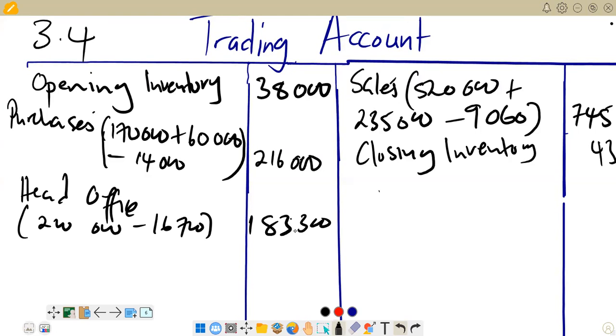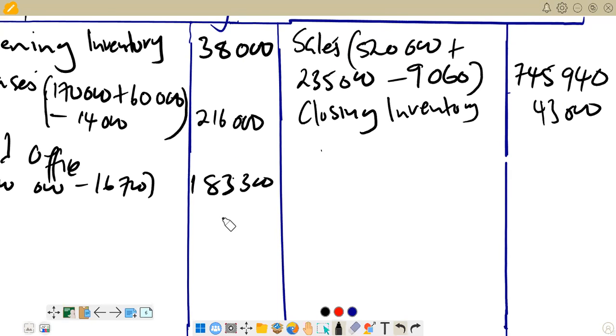So remember, after closing this trading account, we are supposed to have a profit or a loss. We are supposed to post the balance that we are going to get, whatever side it is, to the profit and loss account. So if you add the total of the debit and the total of the credit, you see that the credit is the bigger side.